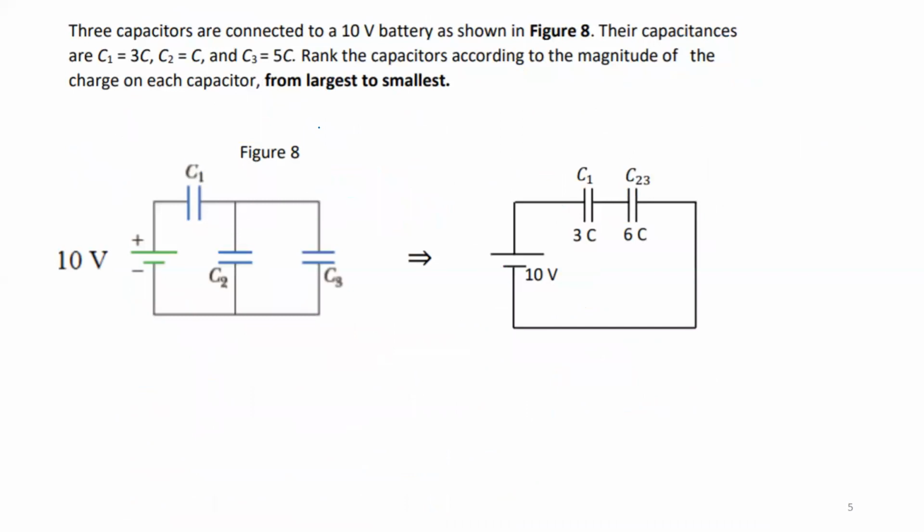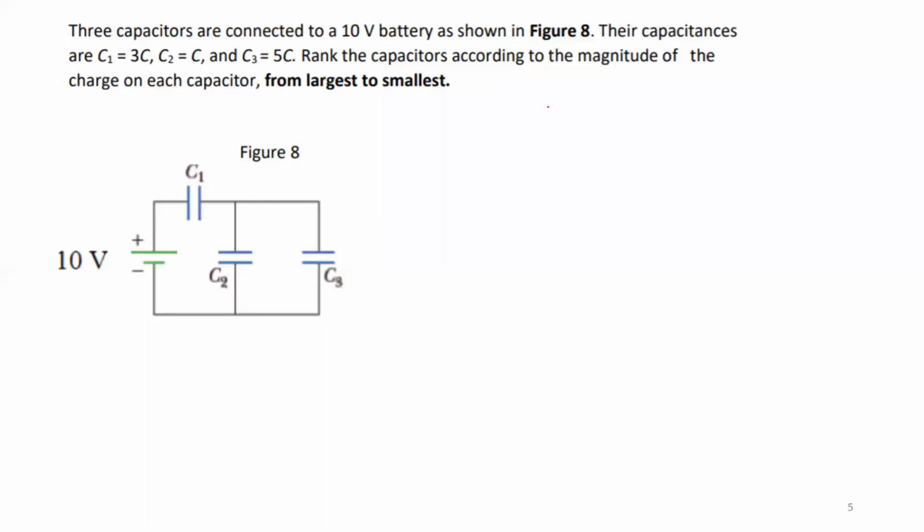Here I have to hide this solution and then we do it step by step. So let's read the problem very carefully. We have 3 capacitors that are connected to a 10-volt battery. And you see it here, 10 volt, as shown in the figure.